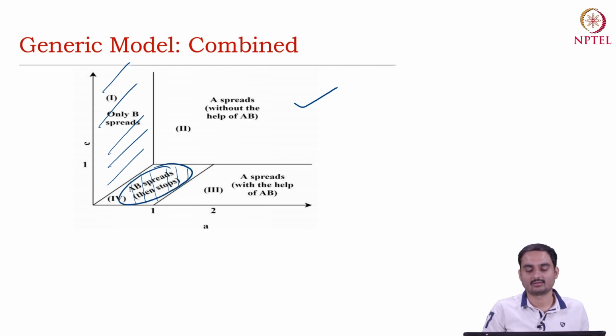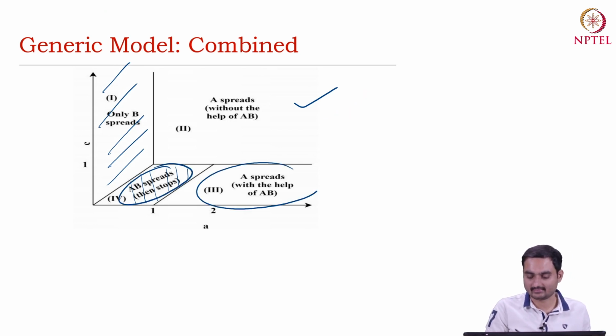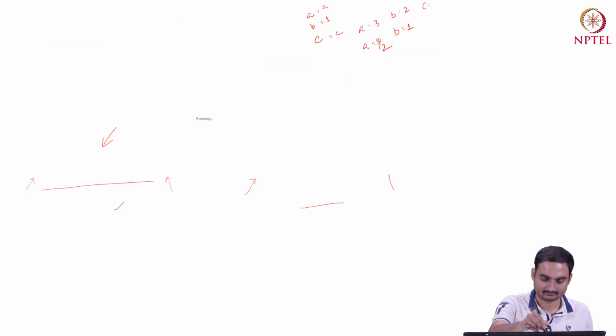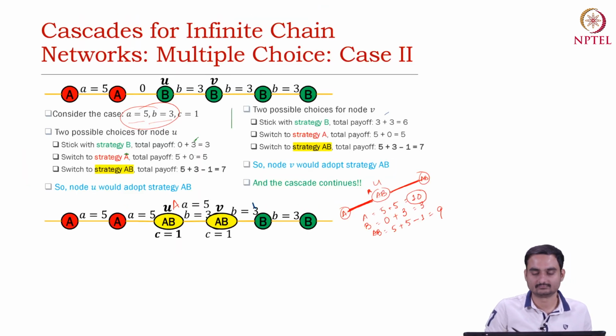in this region. This region indicates that A spreads with the help of AB. What does it mean? It means first all the nodes were B, then people started switching from B to AB, then AB to A. This is something we also discussed, here, in this case, when A was 5 and B was 3.